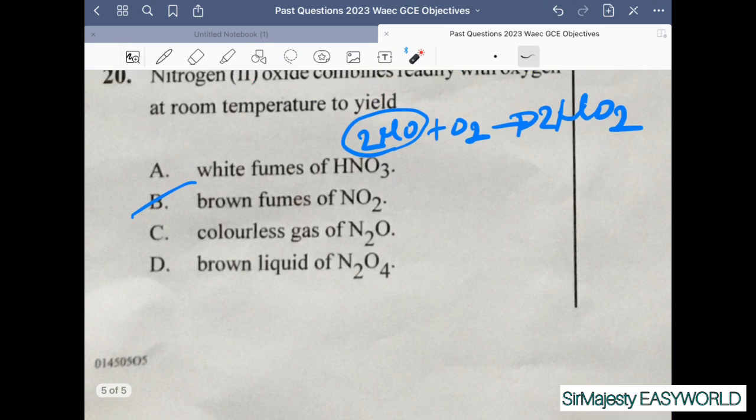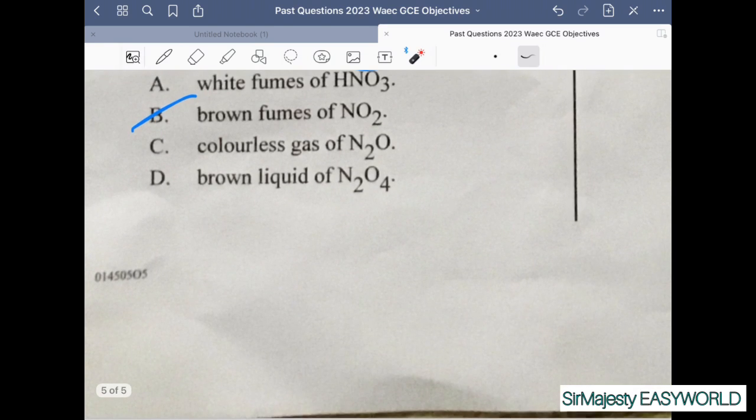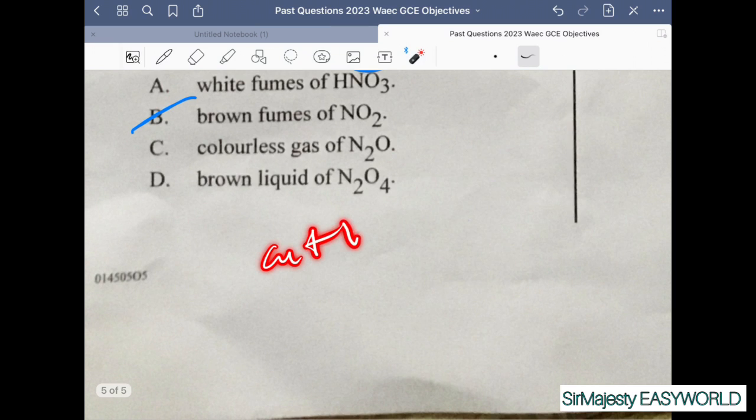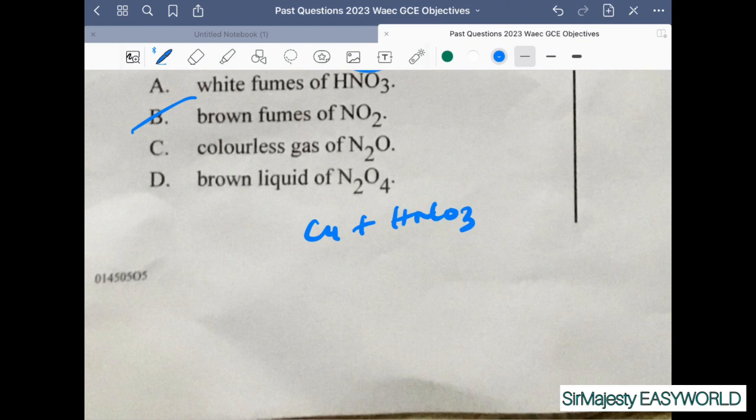When you want to prepare nitrogen monoxide, that's NO, you need to react copper metal with HNO3. But what matters now is the temperature and the concentration of this HNO3; they will determine which gas will come out. Reacting copper metal with HNO3 will give you either NO or NO2.